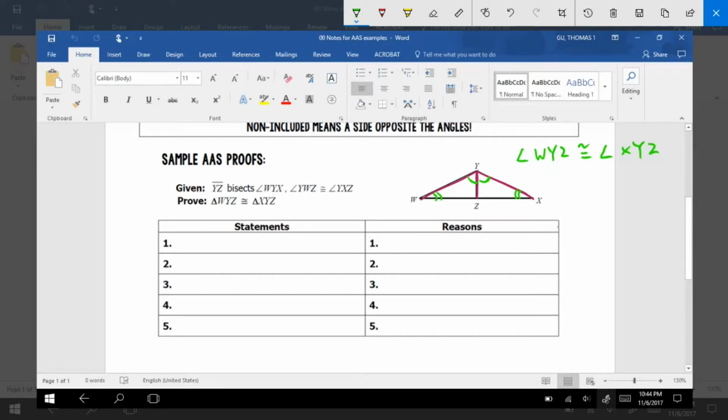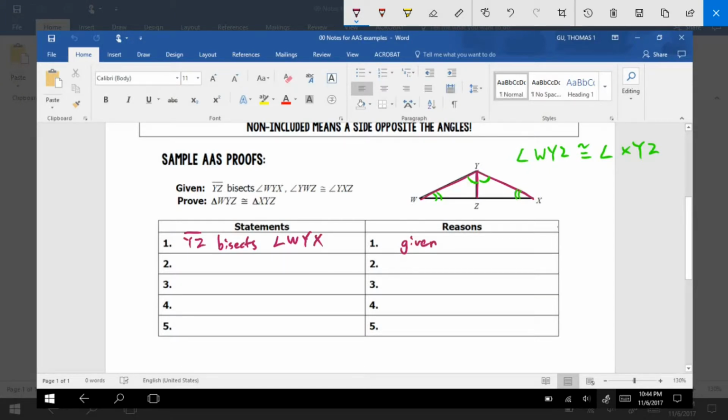So look, we have two angles already given to us. What can we write in our first line of this proof? We're going to write YZ bisects angle WYX. Where do we get that from? We got that from the given. That's our favorite. It's given. Now, what does bisects mean, right? Why would they tell us that something is bisecting?